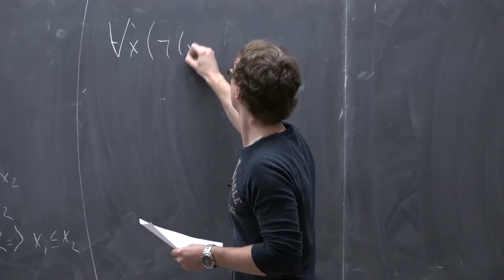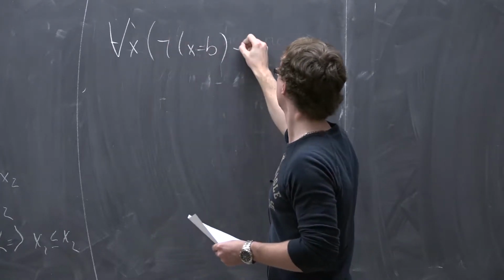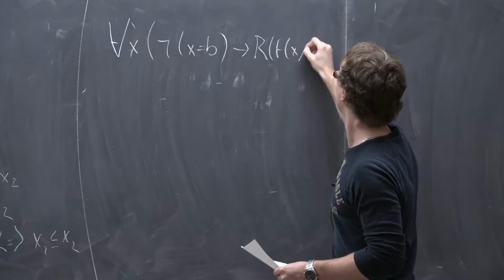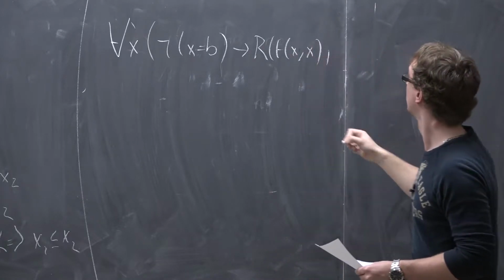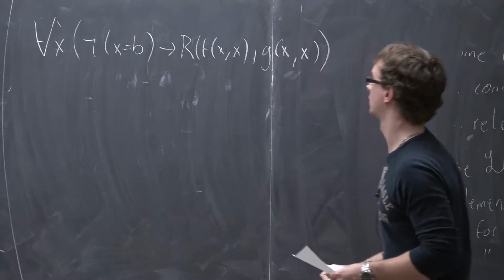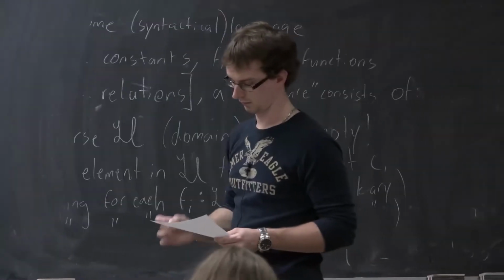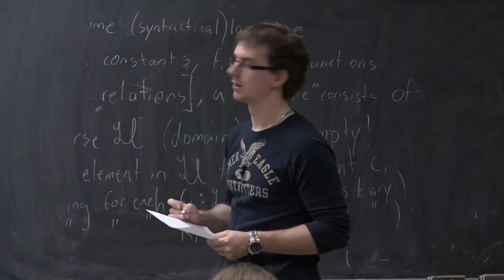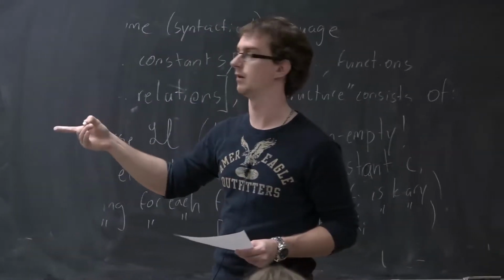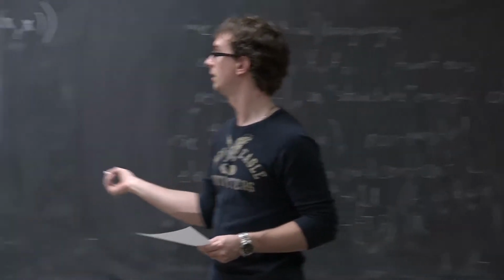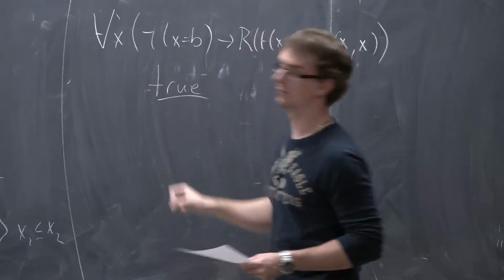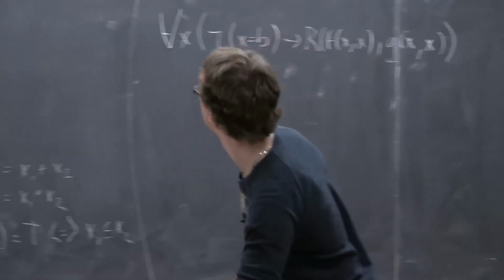For all x, if x is not 1, then 2 times x is less than x squared. That's an example of a sentence because there are no variables that don't appear in the scope of any quantifier. And it should be fairly clear that this is going to be true in the language of number theory.